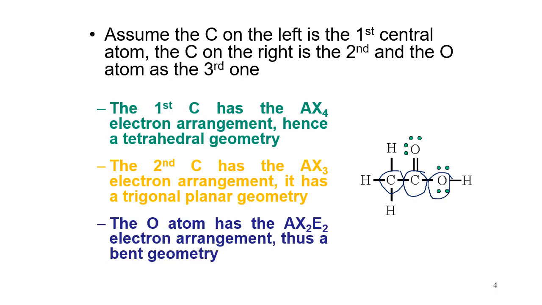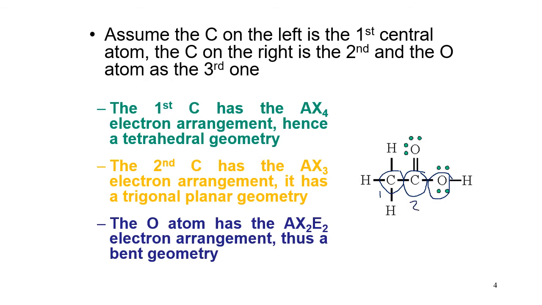Because these are the central atoms, the first carbon has the AX4 electron arrangement, hence the tetrahedral geometry. Remember, this is the electron domain geometry. The second one has AX3.